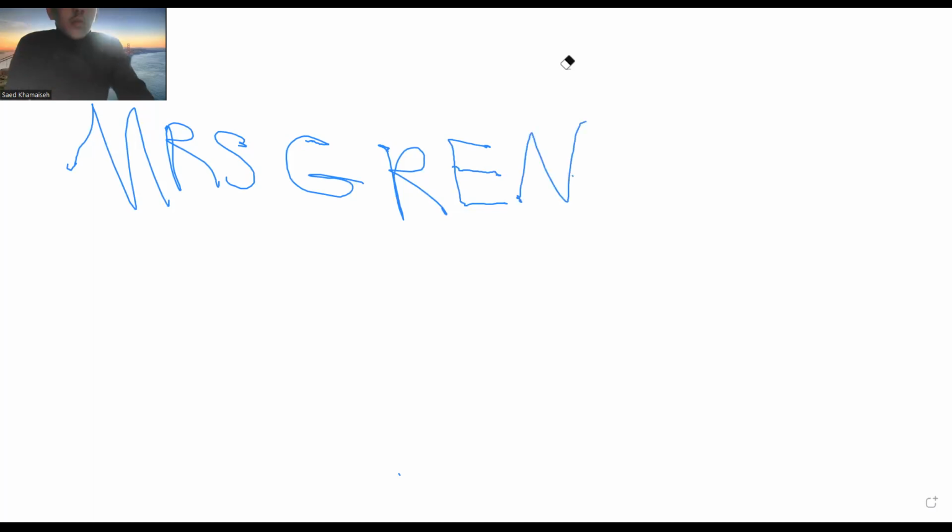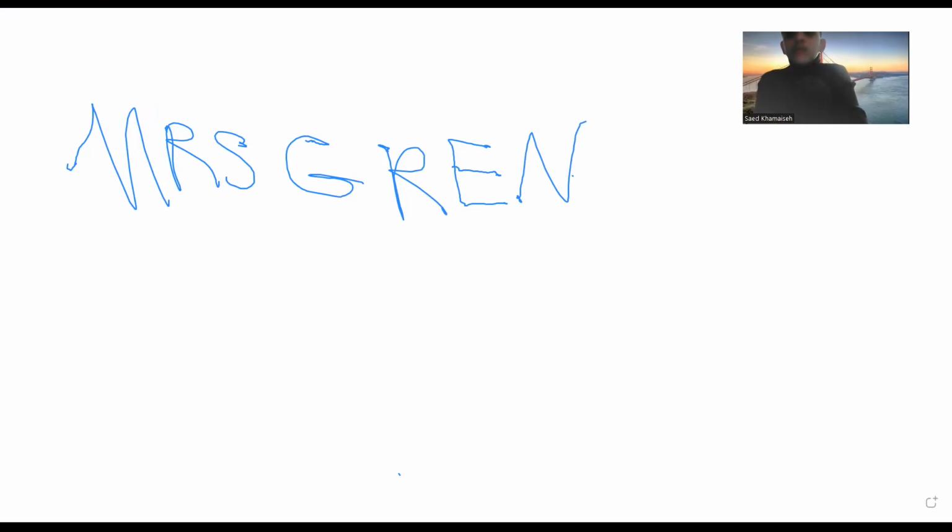Now we discuss the seven characteristics that are important in this chapter. First one is movement. So we start with Mrs. Gren by movement. Second is respiration. So here is the M for movement.